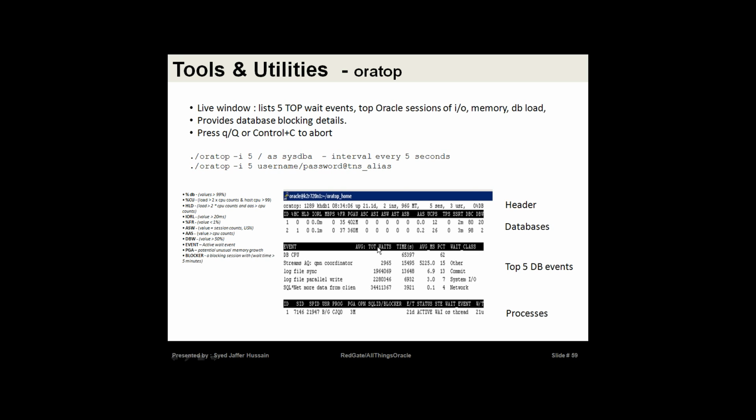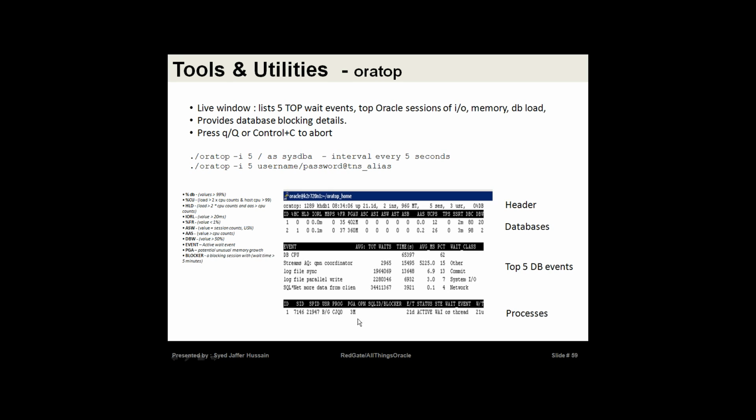Then, most importantly, you see how your database is functioning, like what the top 5 events are for your database. We usually see these top 5 events in AWR or ASH reports, but with this utility you can now see them live.